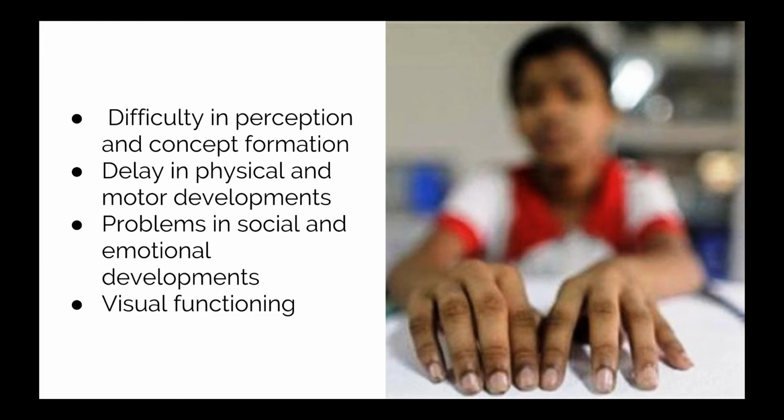Students can experience problems in social and emotional development, so they may fail to make eye contact, or they might use inappropriate facial expressions or body language. They could lack self-confidence and have feelings of insecurity or anxiety. And lastly, they could have problems in certain visual functions such as scanning, retrieving something that has been dropped, and seeing the board and other projected materials.